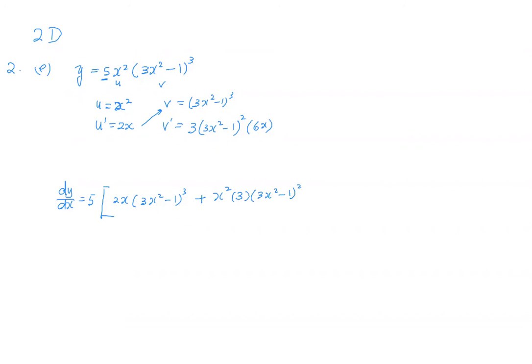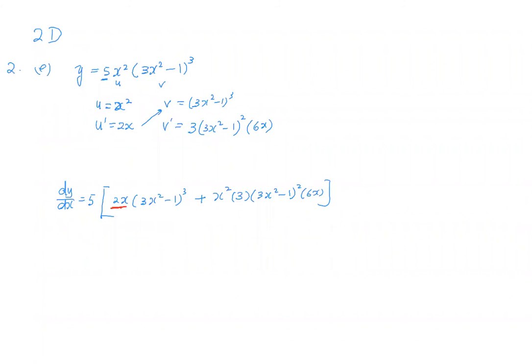Yes? Is there any problem? 6x. Okay, so now what you need to do is, you need to factorize out. You need to take out the common factor. Okay? You can take out 2x.